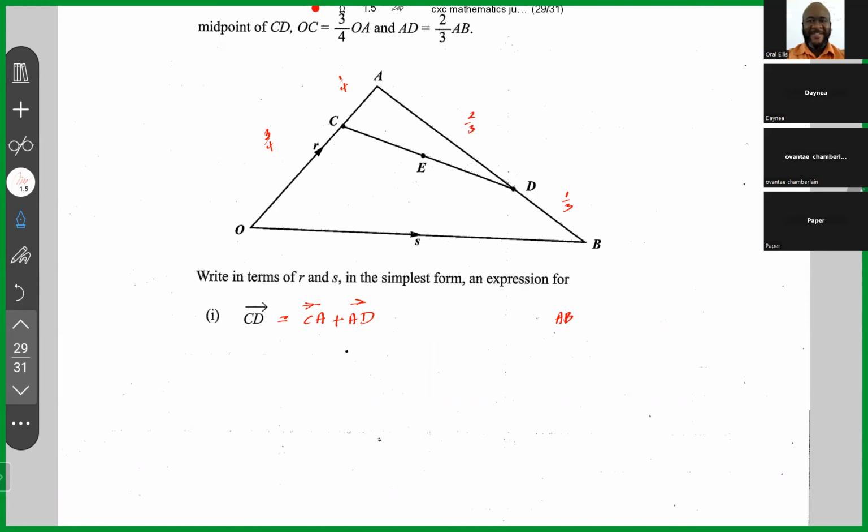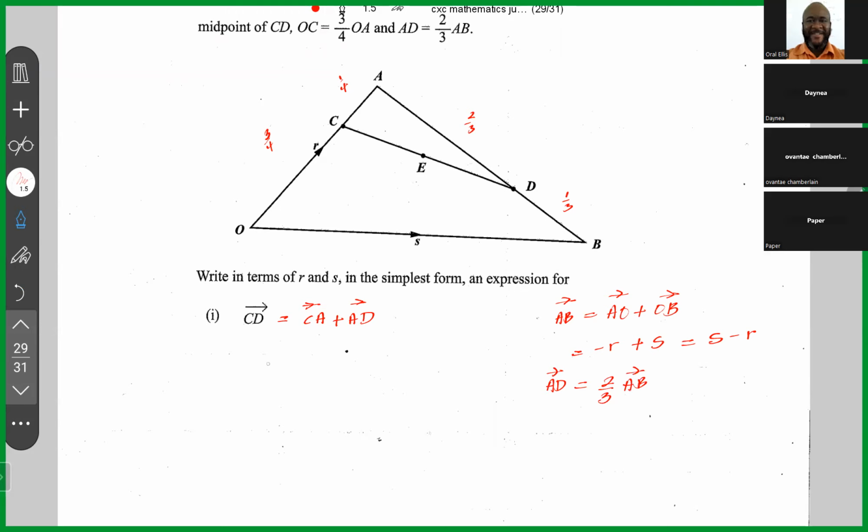AB, triangle of vectors, is AO plus OB. Now OA is R, so AO is minus R, plus OB, which is S. Put in the positive first, this is S minus R. Now AD is 2/3 of AB.